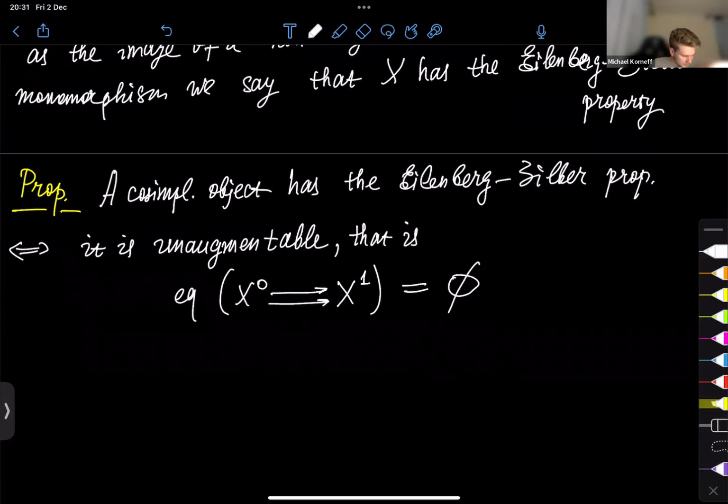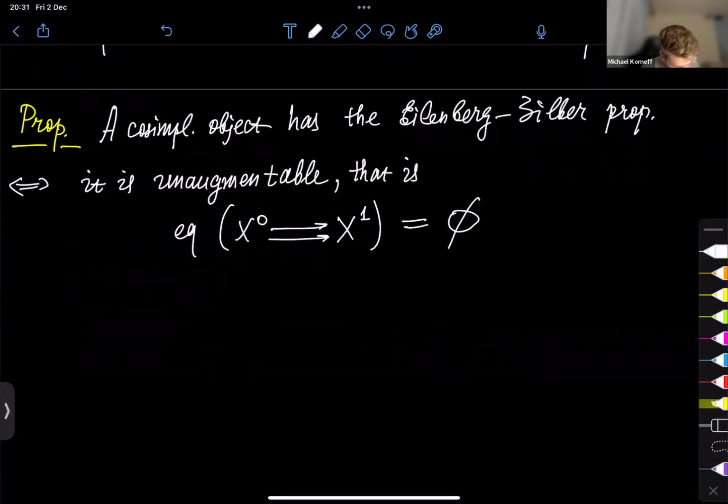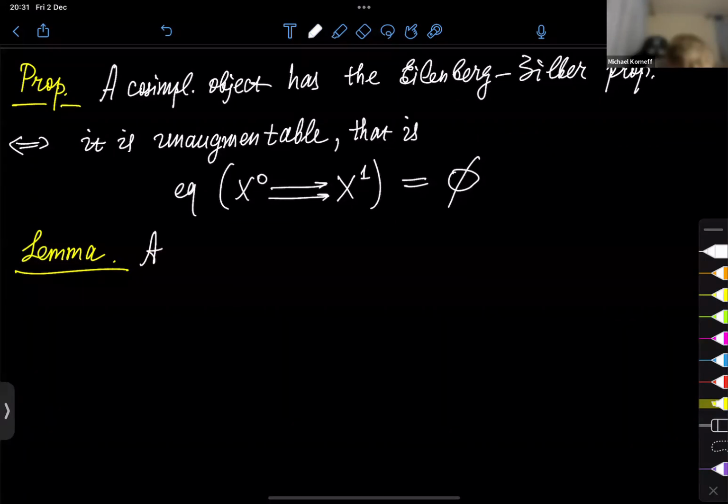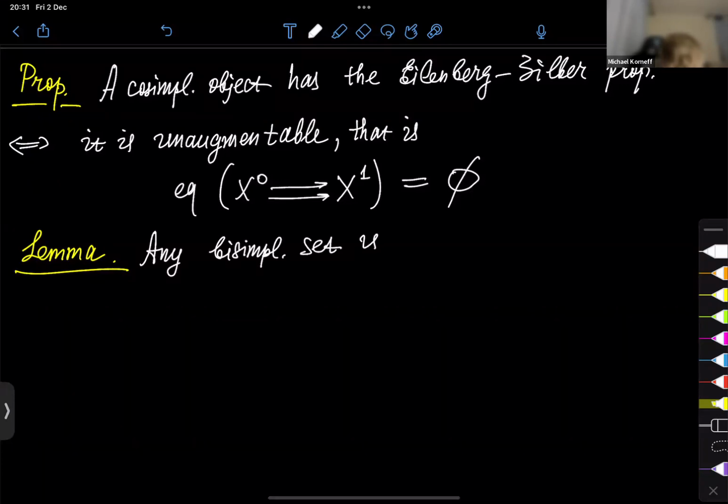Okay, and now in this setting of the Eilenberg-Zilber property, we have the following lemma, which tells that any bisimplicial set is Reedy cofibrant.